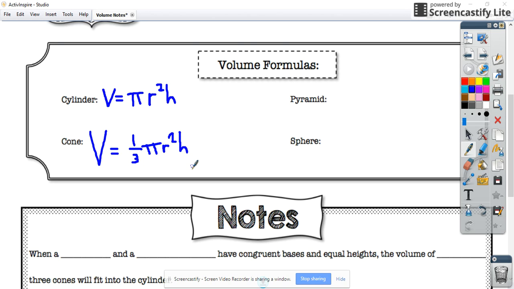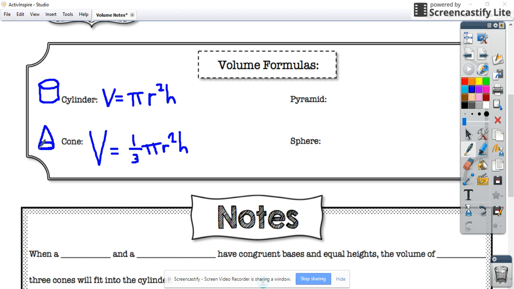So compare those two formulas for a cylinder versus a cone. Think about what a cylinder is. A cylinder is a can, like a can of soda or a can of vegetables from the supermarket. A cone, you guys know what a cone is. A cone kind of looks like that.